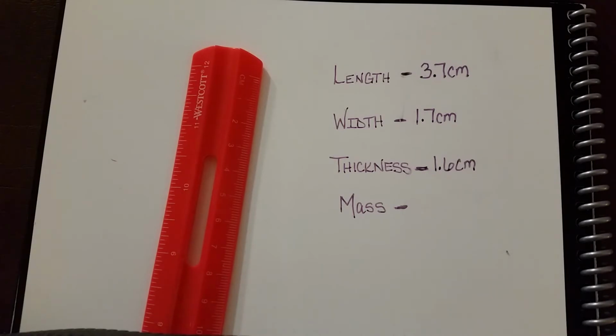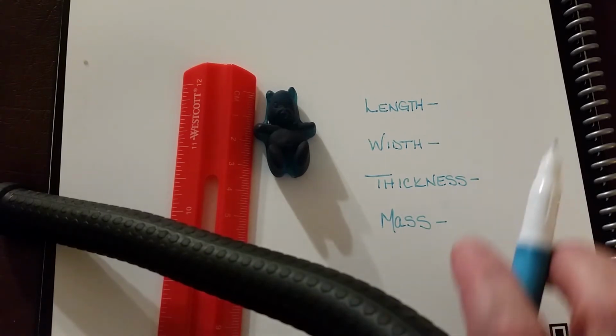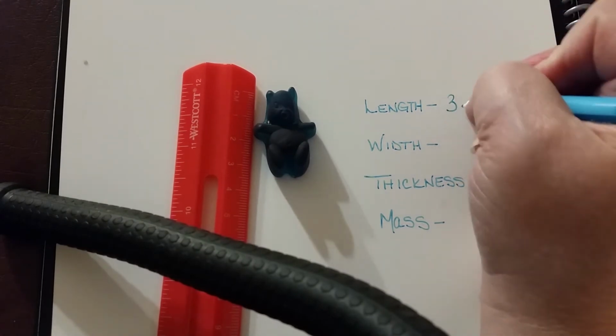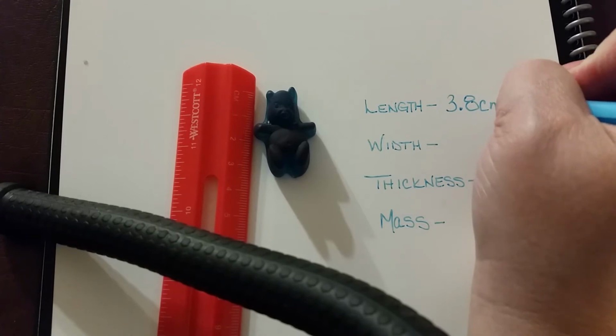The next thing we're going to do is measure the length, the width, and the thickness of our blue bear. Okay, here's our blue bear. Our blue bear is a little bit longer than our purple bear. Our blue bear is 3.8 centimeters long.